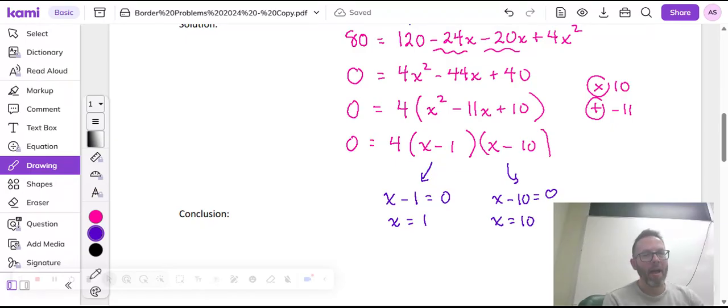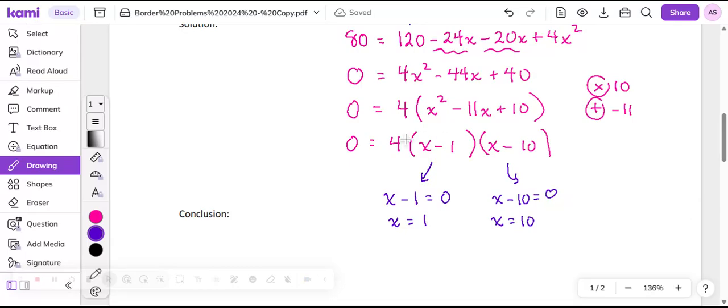All right, guys, and we're back. Which one makes sense here? A 1-foot border, a 10-foot border, or do they both make sense? What do you guys think? Anyone want to take a stand? Colette, what do you think? 1-foot border, if that's the only answer that makes sense.